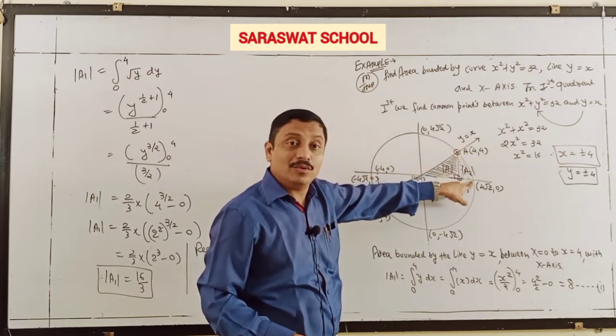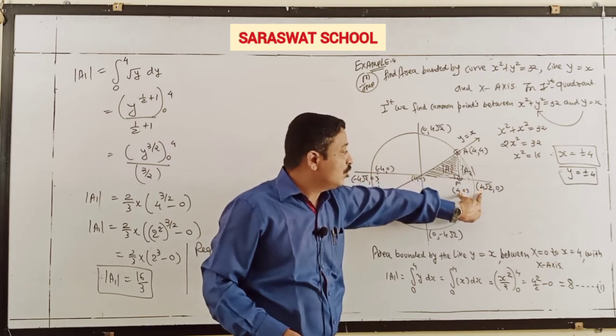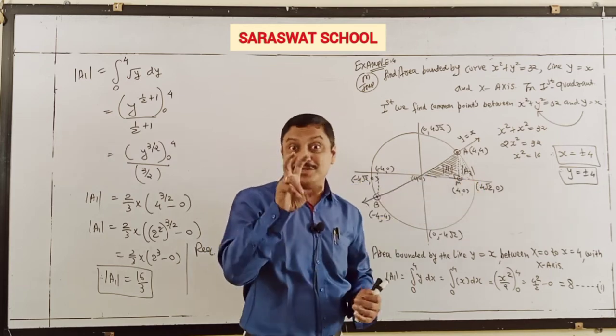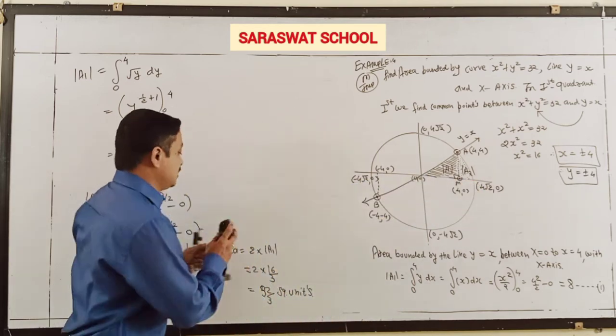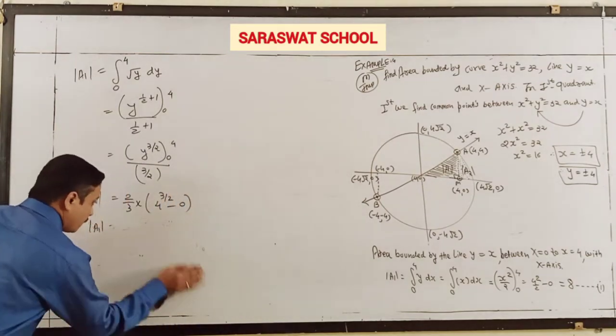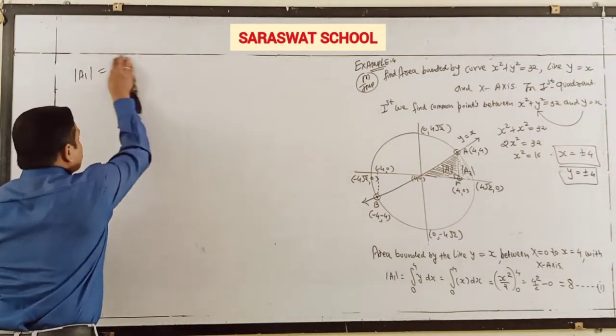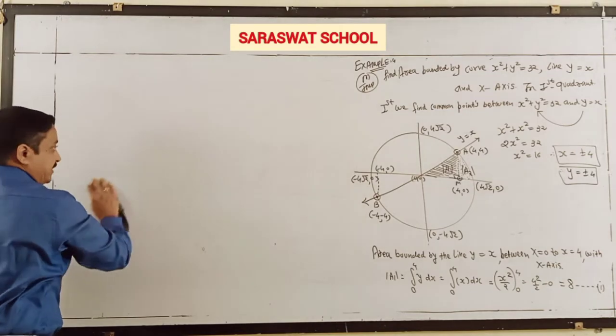This is your curve, and between what? 4 to 4 root 2. Similarly I explain about that.